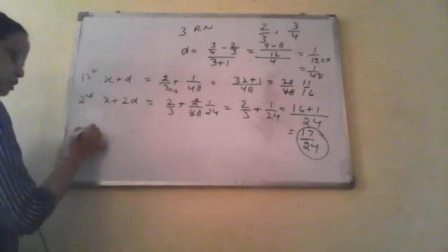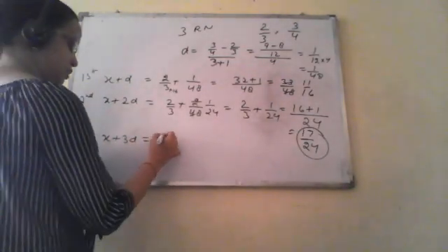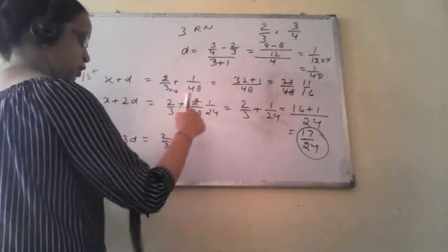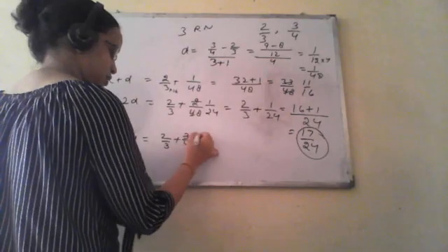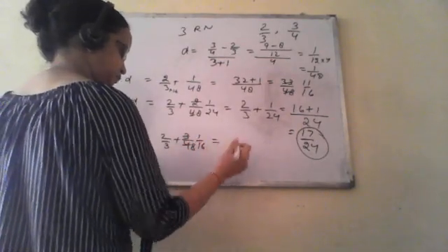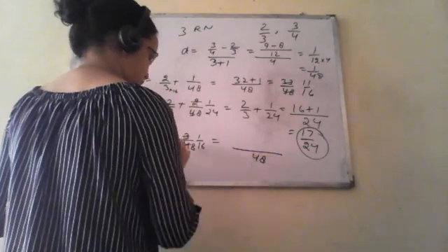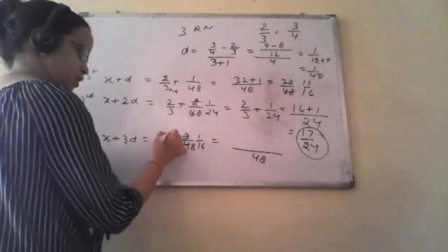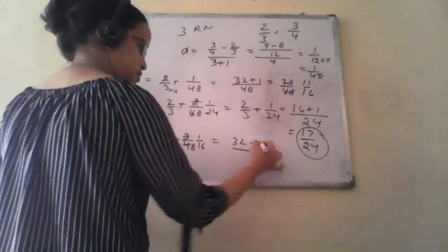Now the third rational number. This is x plus 3d. That is 2 upon 3 plus 3 into 1 upon 48, which will be 3 upon 48. So the denominator is 48, and 2 upon 3 becomes 32 upon 48, plus 3.